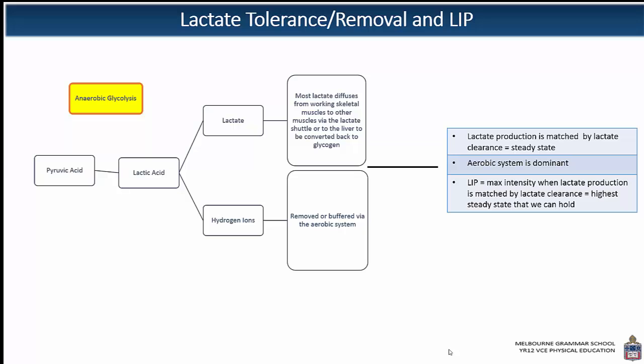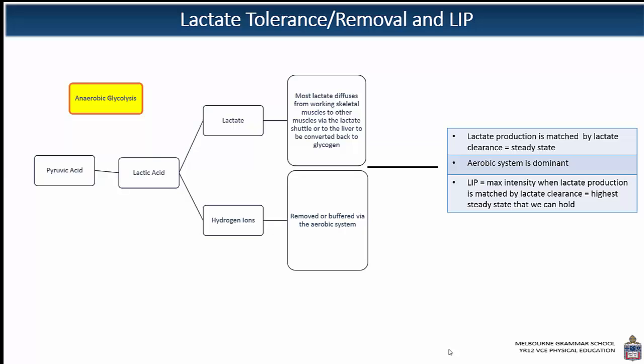Now, pyruvic acid can either be broken down completely using oxygen via the Krebs cycle and the electron transport system, or if we need energy quickly, it's going to be broken down via the anaerobic glycolysis pathway, or the lactic acid pathway. So pyruvic acid in the cytoplasm of the cell gets broken down into lactic acid. As soon as lactic acid is produced, it immediately splits, or the term you might be familiar with is dissociates, into lactate plus hydrogen.